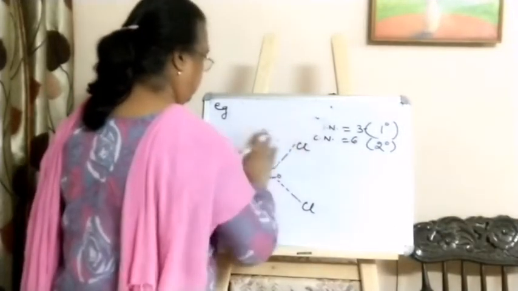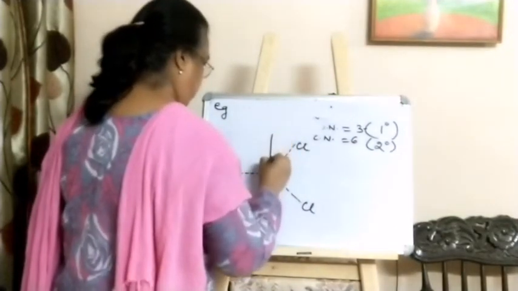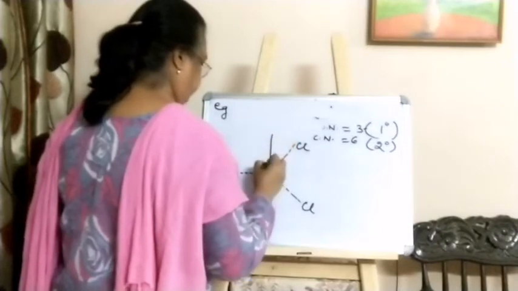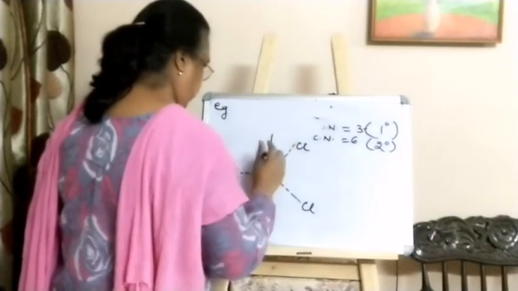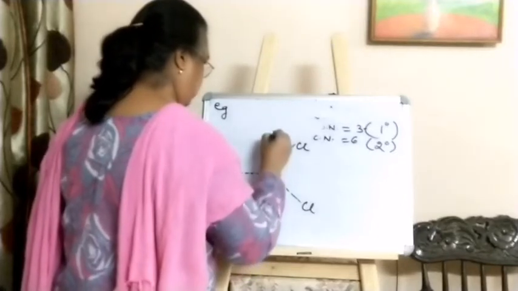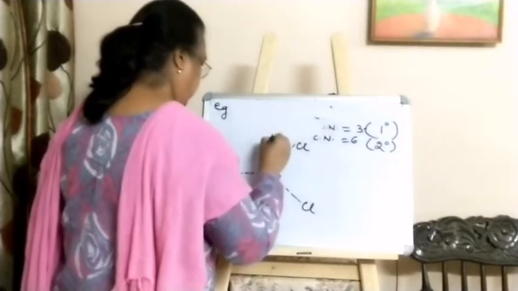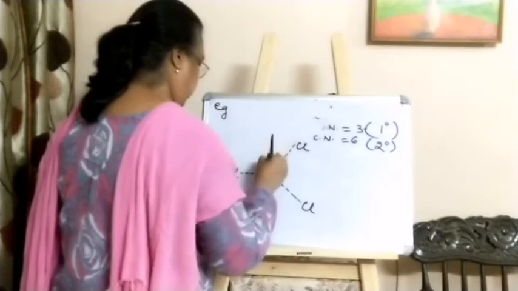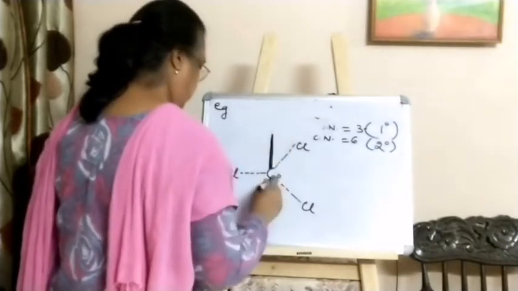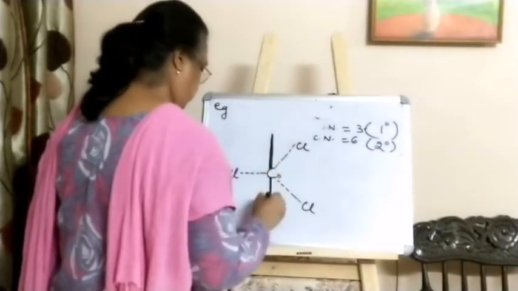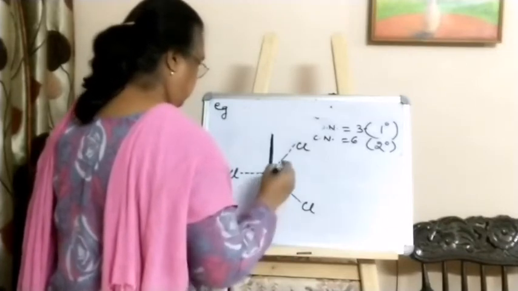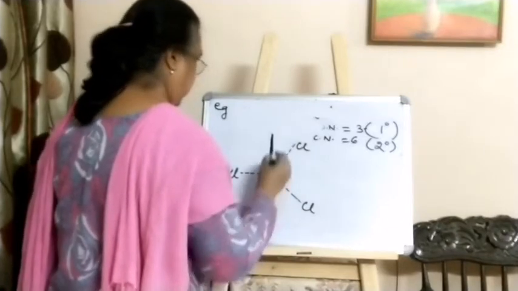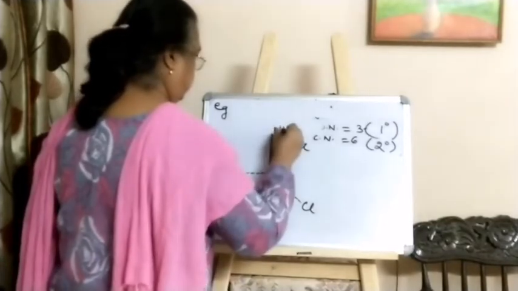So we have a coordinate bond here, but we don't show it through the arrow. According to Werner's theory, it has to be shown with a continuous thick line. So this is the way to show it according to Werner's concept. Thick continuous line. This is ammonia.